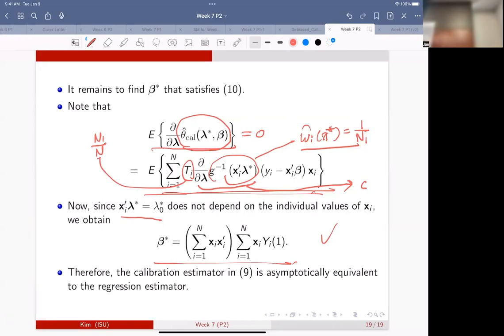That means the calibration estimator is asymptotically equivalent to the regression estimator. Okay. That's basically all for the chapter, the week 7 lecture.